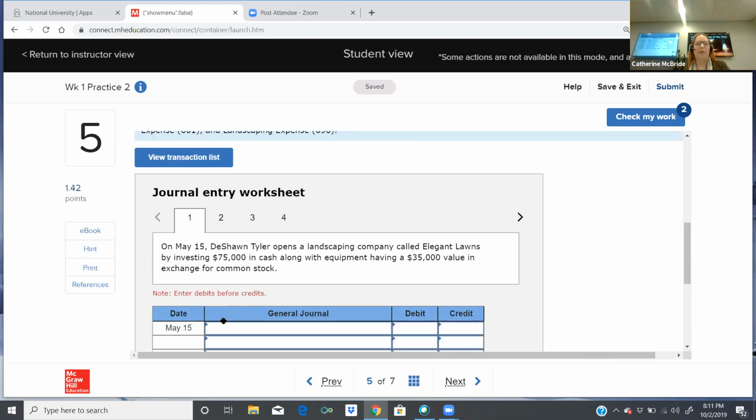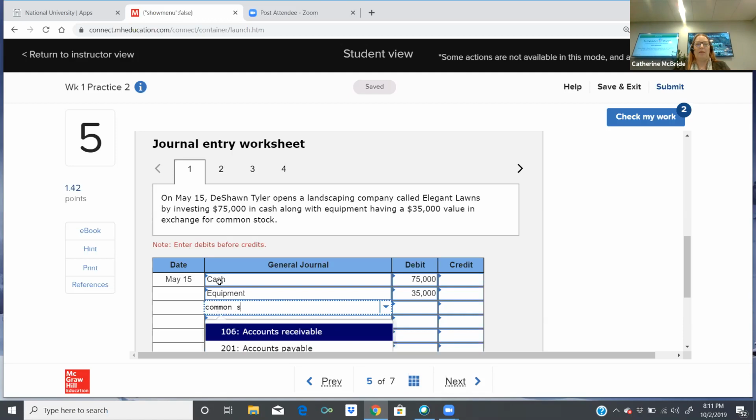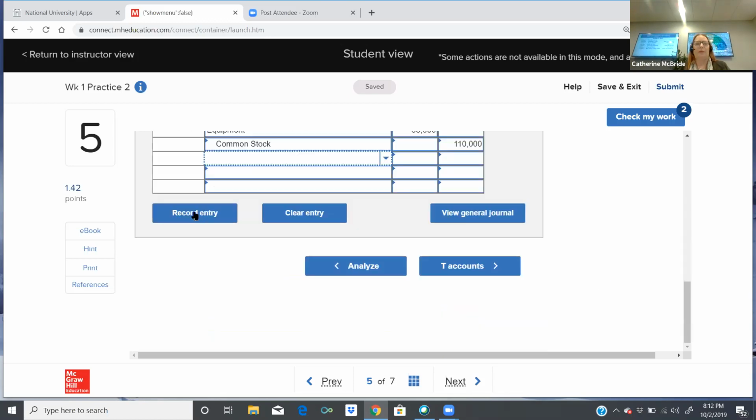So let's go back here. May 15th, cash, 75,000. Equipment, 35,000. And common stock, 110,000. Record entry.